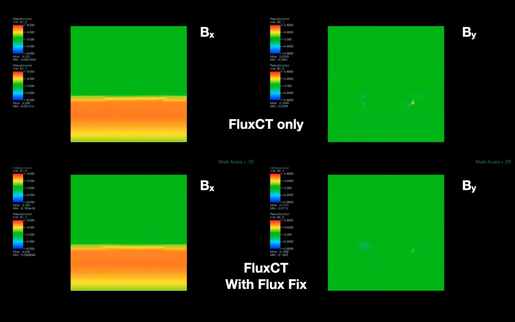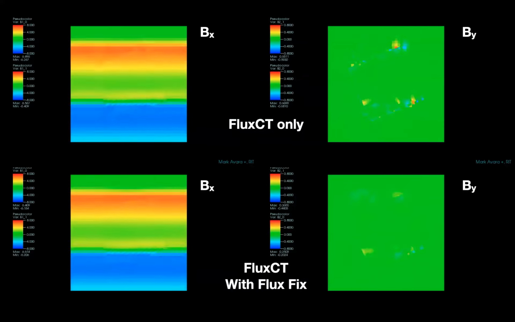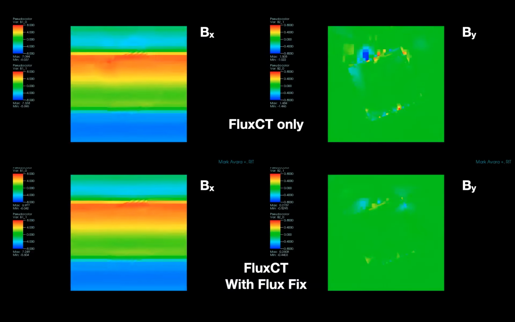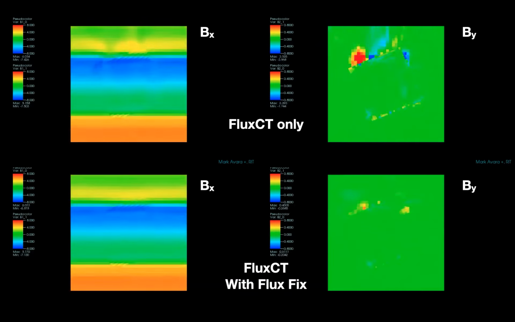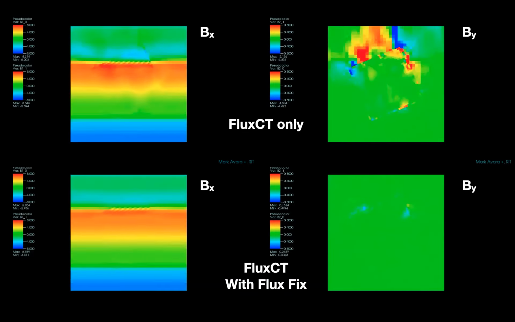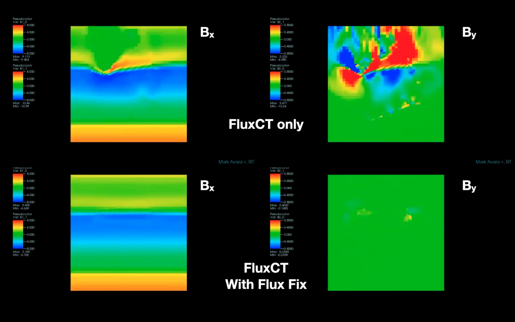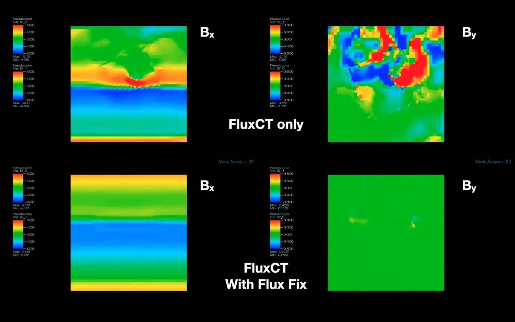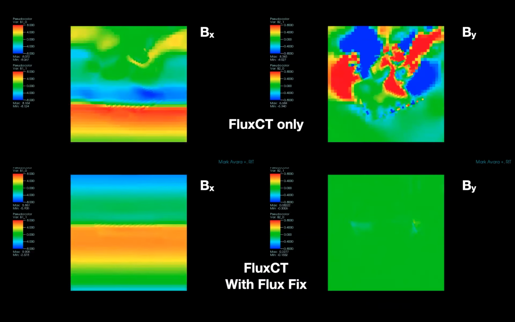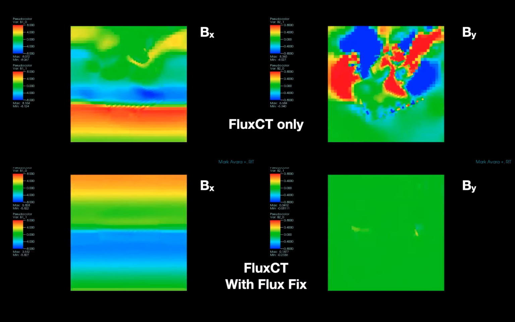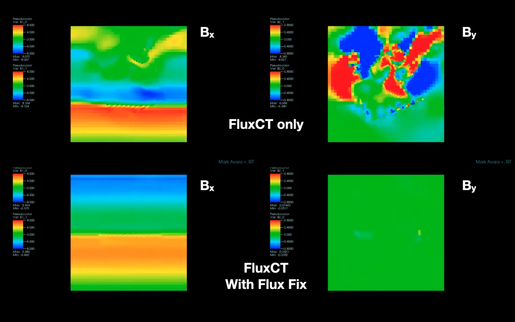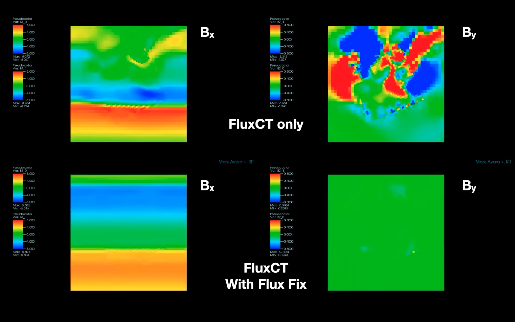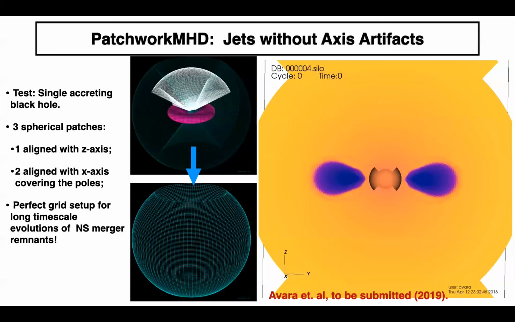The problem is, well, the divergence of B condition is different in different coordinate systems. So how do you deal with that? Well, if you pinch off and dissipate the field at the interpatch boundary, you can stably evolve an MHD wave across these interpatch boundaries, and it seems to be pretty stable and works pretty well in many cases.